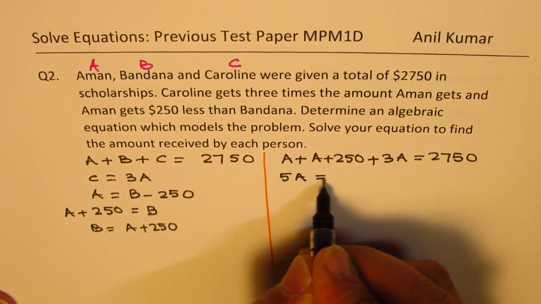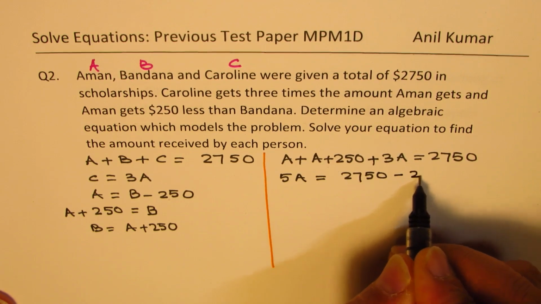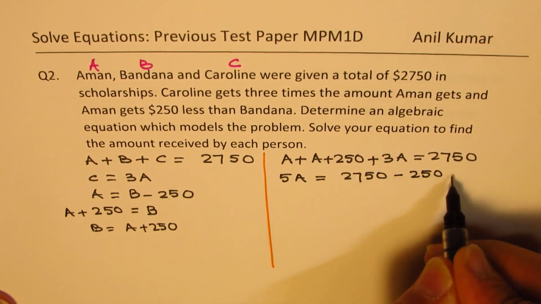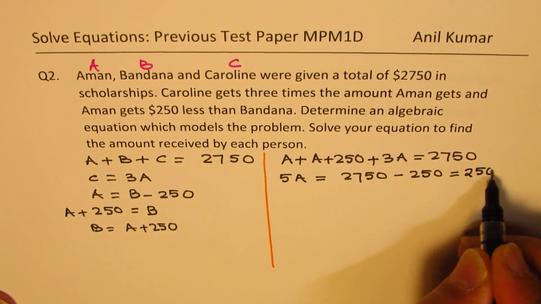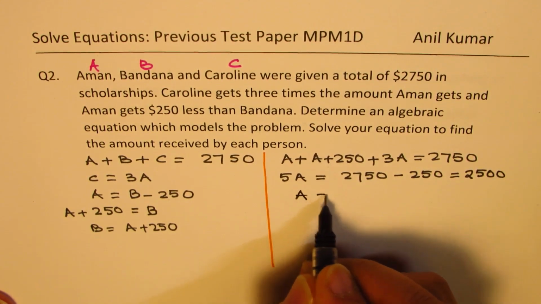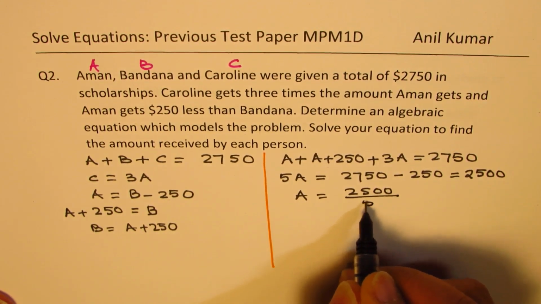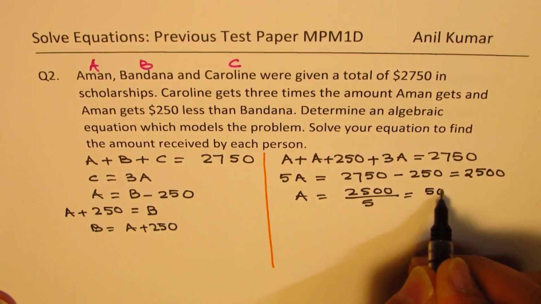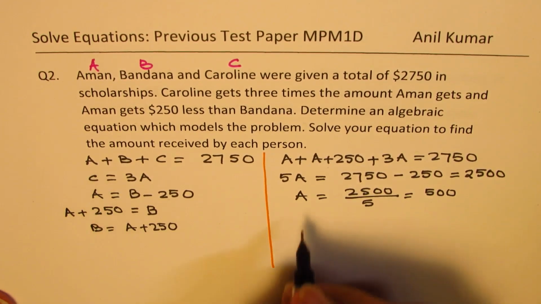So 5A is equal to 2750 minus 250, which is 2500. So A is 2500 divided by 5, or 500. So A gets $500.